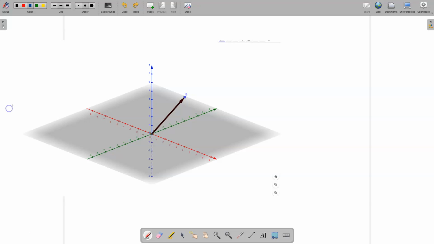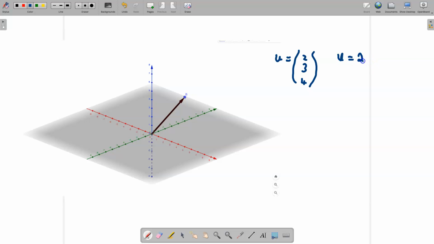Okay, let's come into a different package here, and I'm just going to write that vector out again. So we have got the vector, let's call it vector u, and we've said that that's 2, 3, 4. Now you need to know of one other way of writing that, and that is that you can write it in the ijk form.